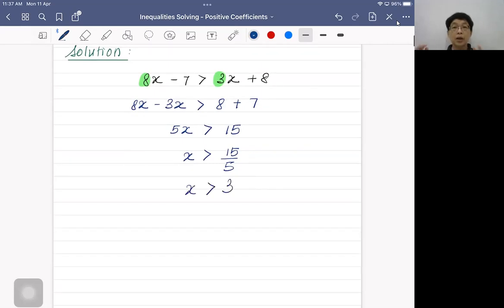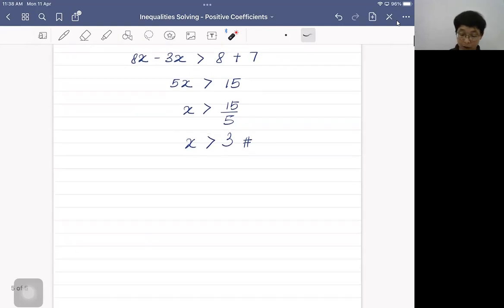The answer can be any value that is bigger than 3. So if you are curious, you may just pick any number bigger than 3. For example, you can take 10 or 7, or any value as long as it is bigger than 3. And then take that value, substitute into that, and you will confirm your answer.